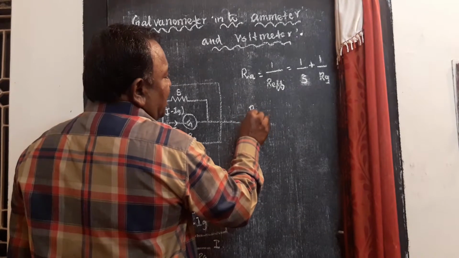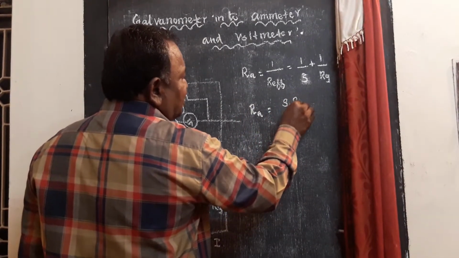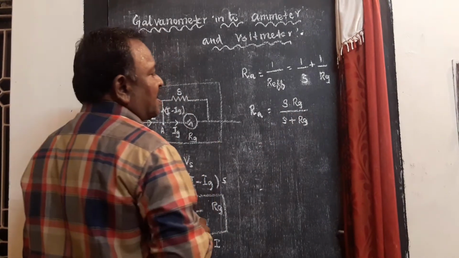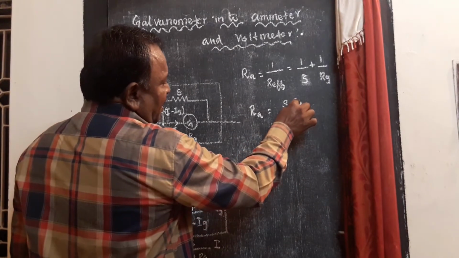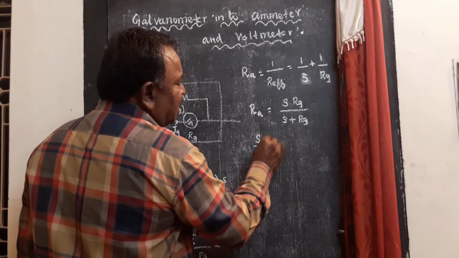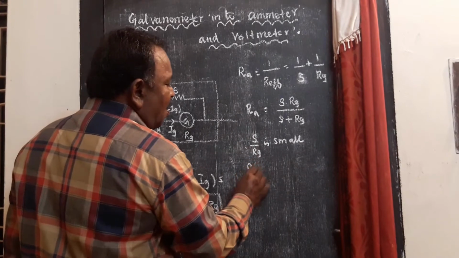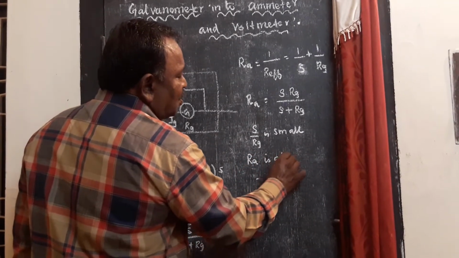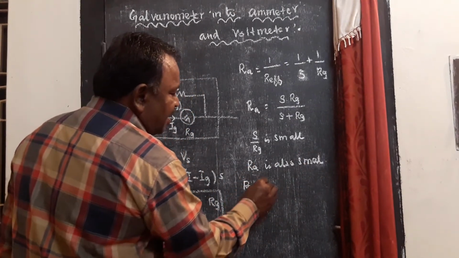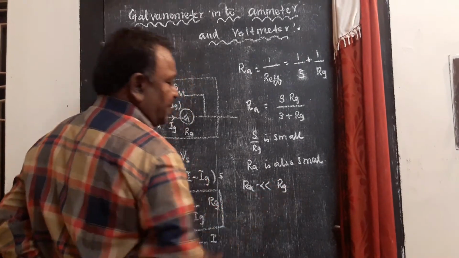That is, the resistance of the ammeter is Ra equal to S into Rg by (S plus Rg). Since S by Rg is small, Ra is also small. So we see that Ra is very, very small compared to Rg.